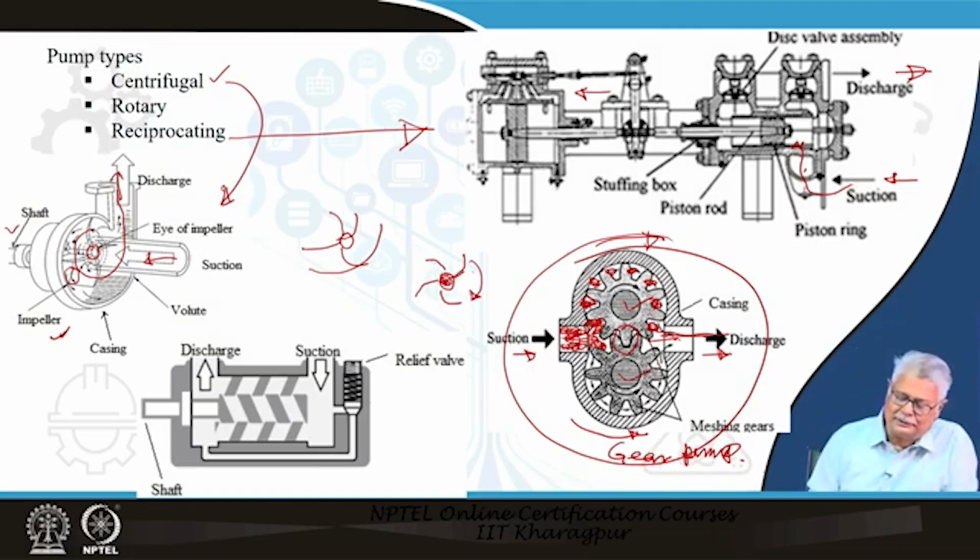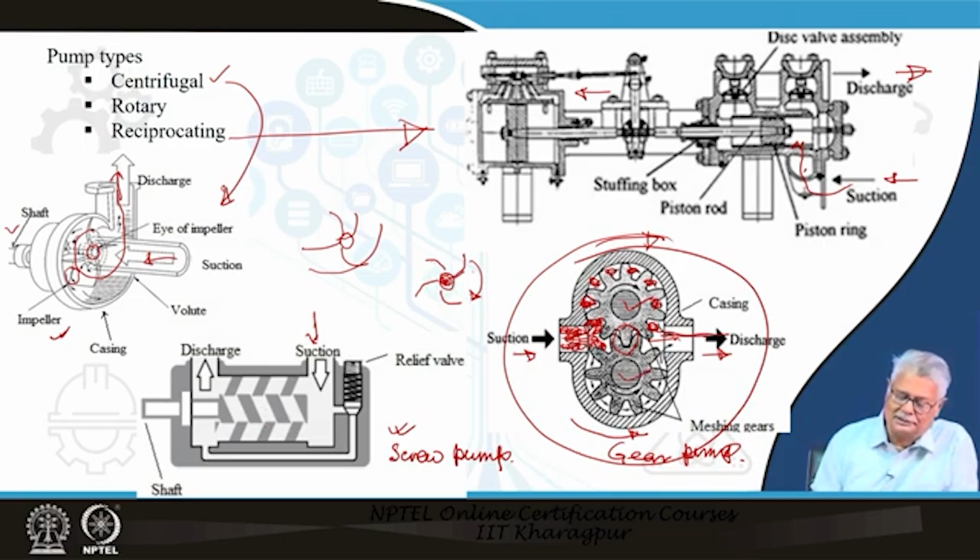There is another pump which is shown here. What is this? This is basically a screw pump. What you have is a helical screw. Now, if you have a helical screw and you have a suction, the grooves of the screw itself are quite deep.